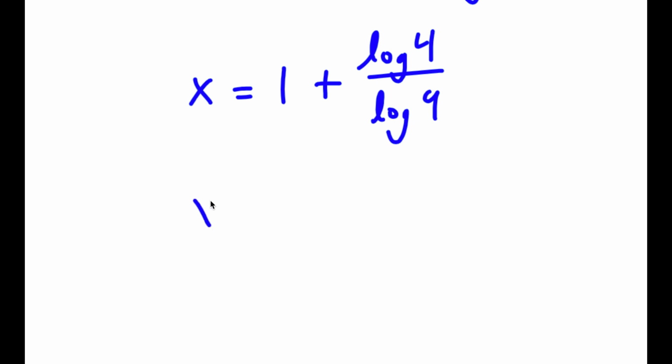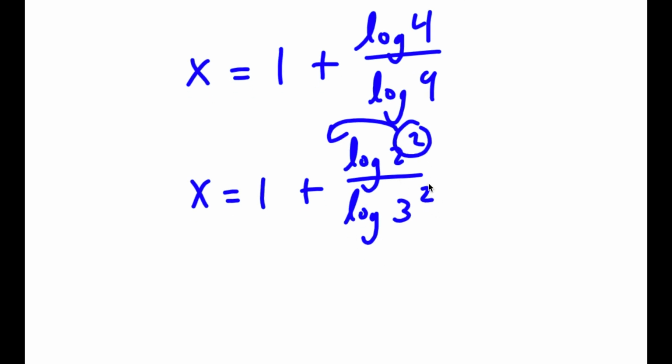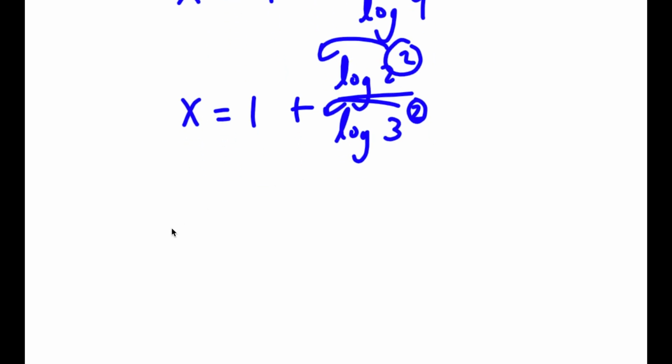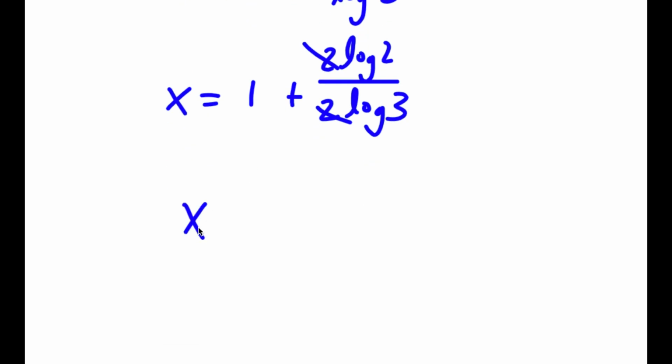And log 4 here, that's the same thing as log of 2 squared. Log 9 is the same thing as log of 3 squared. So now I can move the 2 to the front. So now I have x is equal to 1 plus 2 times log 2 over 2 times log 3. Now these two 2's cancel out, so now I have x is equal to 1 plus log of 2 over log 3.